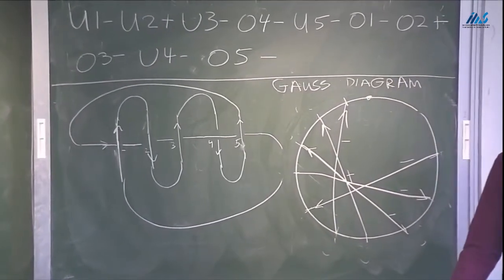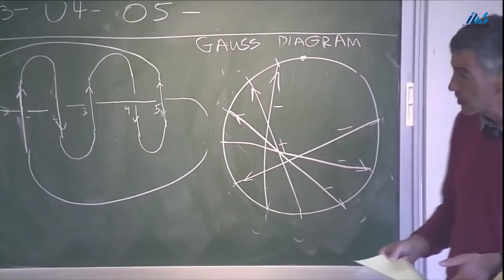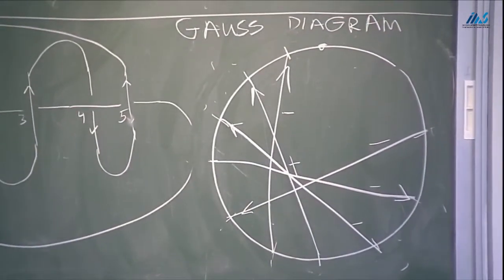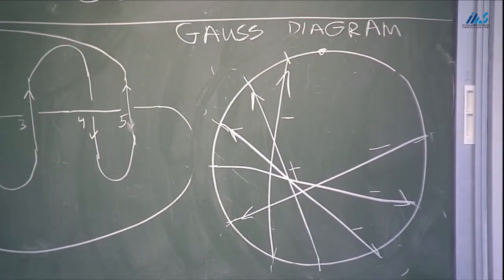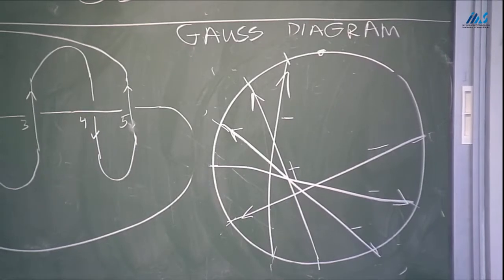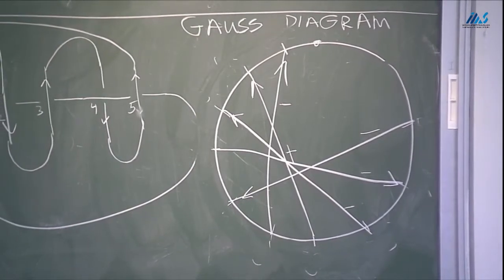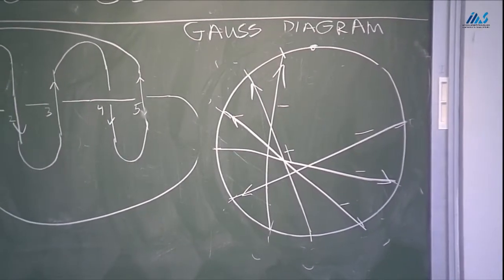So this is called a Gauss diagram and corresponds to a Gauss code. And as you saw with the finite type invariants, these are the objects that go into the computation of finite type invariants. So they started to be studied quite intensively when this theory developed. And then people found that there was an issue when you had things like this.